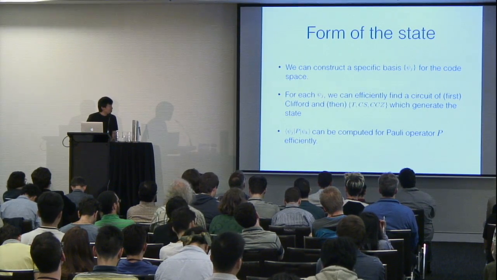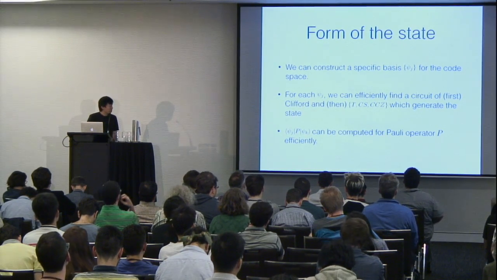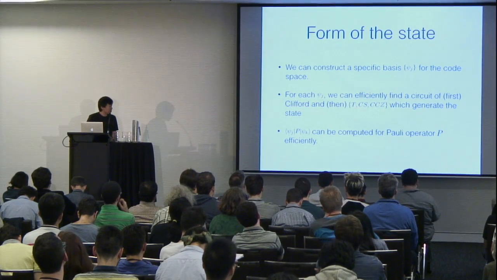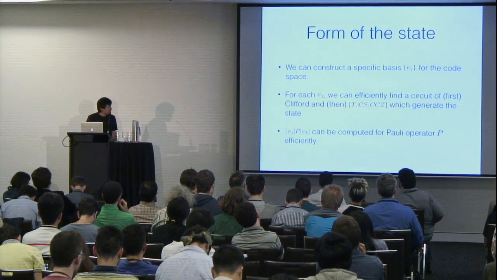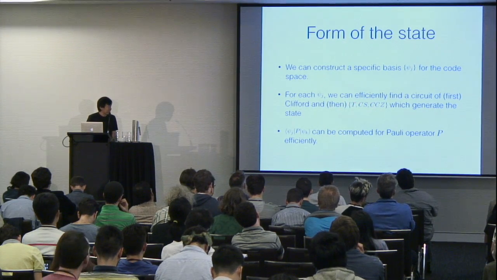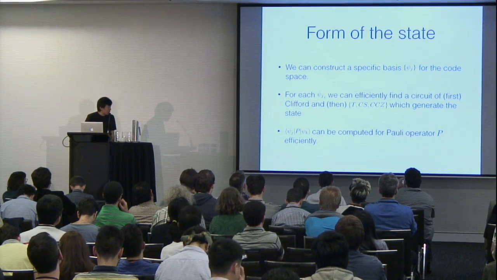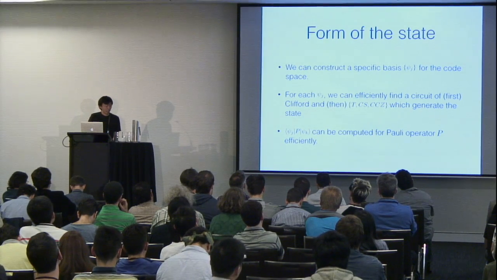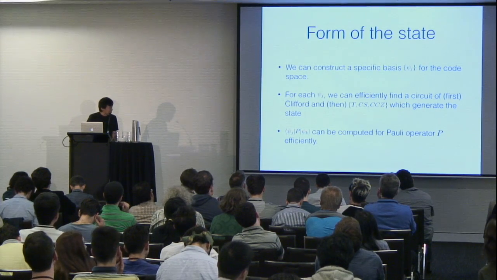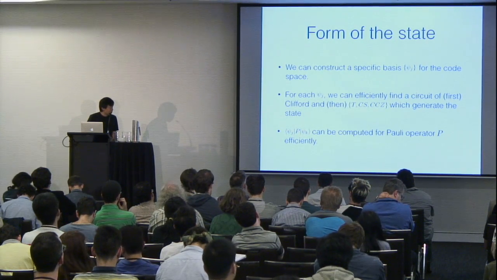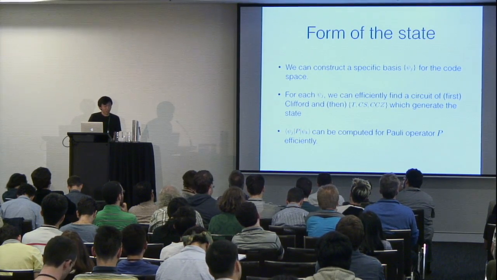But after that, for each of the bases, we can always efficiently find a circuit of first Clifford gates, and then T gates, where T is the square root of S, and control S gates and control Z gates, which generates the state. And because of this specific structure, with some work we can show that the overlap of two bases with a Pauli operator can always be computed efficiently.